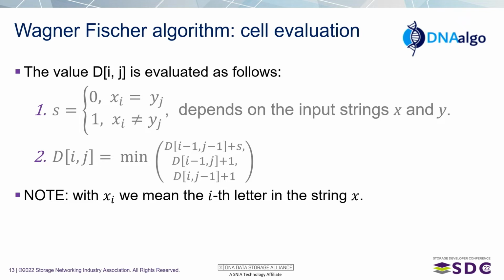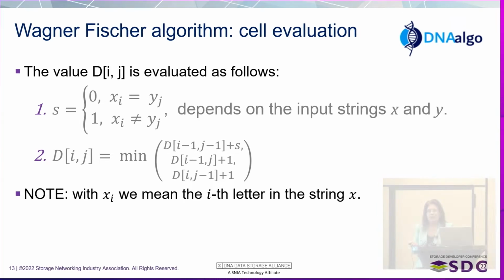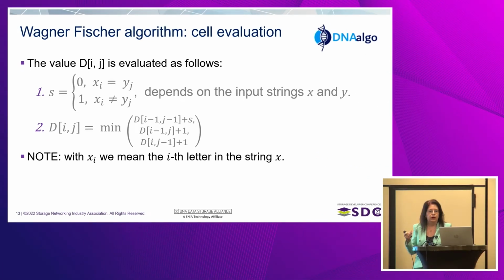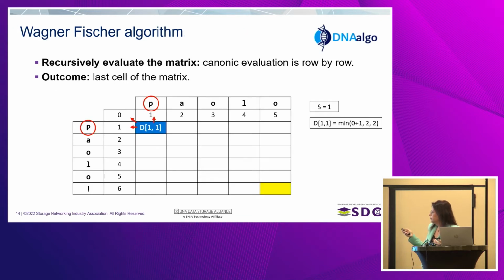Then each cell is computed by taking the minimum value among 3 values. Why 3? Because the first one, where there is the penalty, takes into account that a substitution has happened. The second one and the third one take into account that maybe an insertion has occurred or a deletion has occurred. So that's the reason why we need to compute the minimum among the 3 formulas.